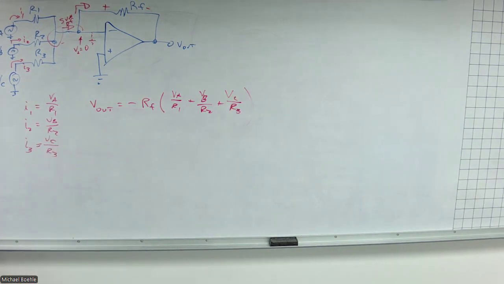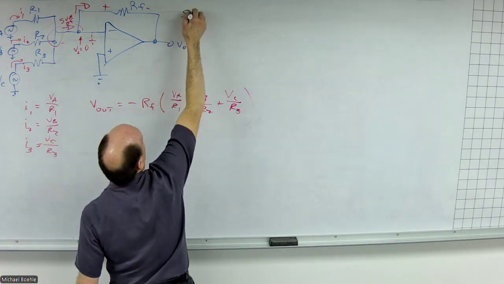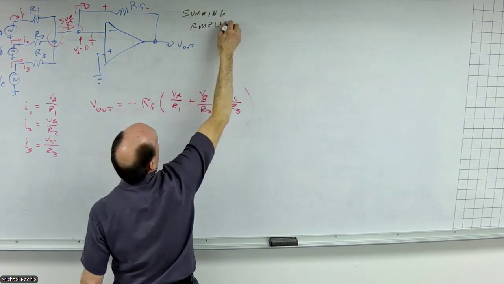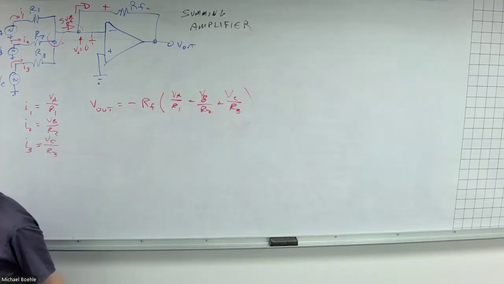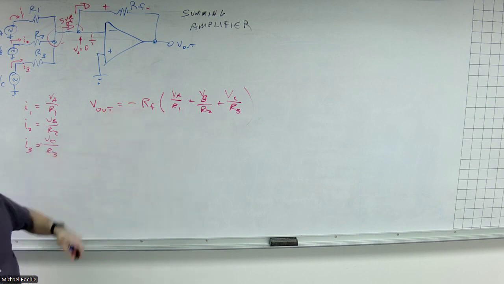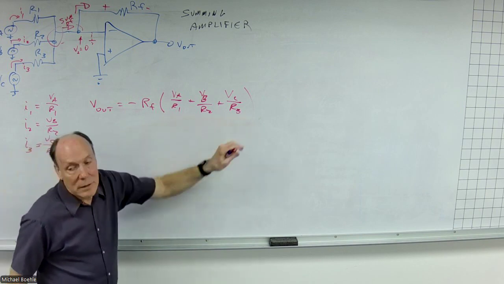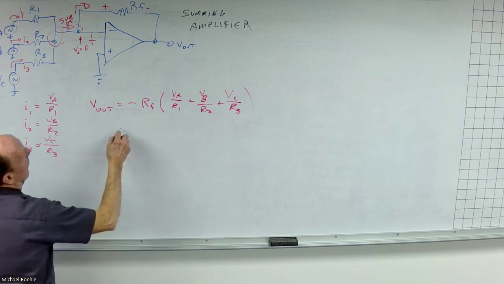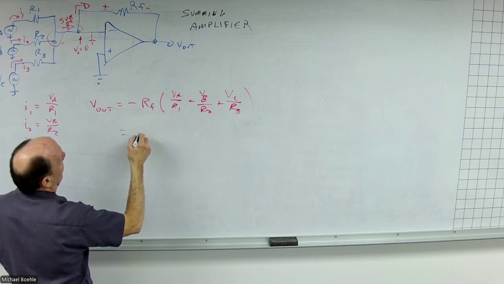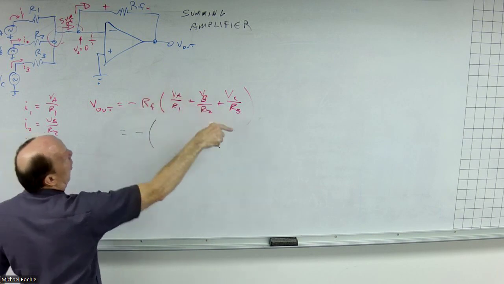What is this called? This circuit is a summing amplifier. It's inverting. It does add up. And there's different ways I can write this, right? I could take this and say, well, it's negative, and then distribute RF across here.